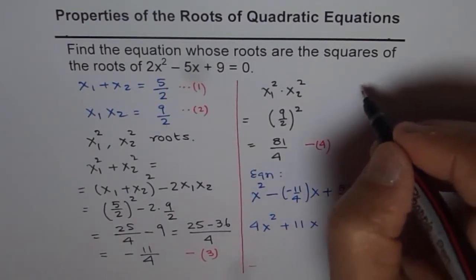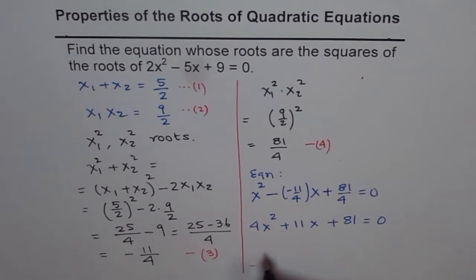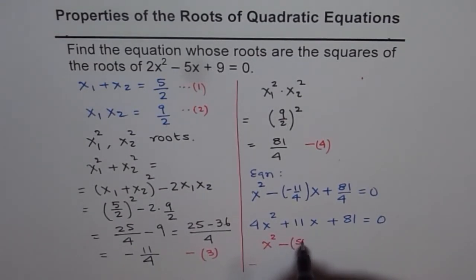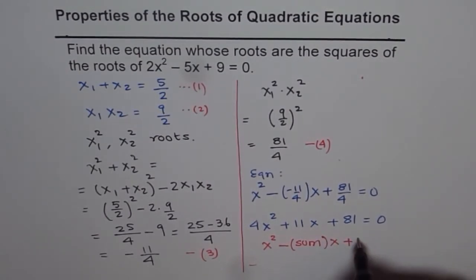You can write a quadratic equation in general as x squared minus sum of roots times x plus product equals 0. So that is the general equation.